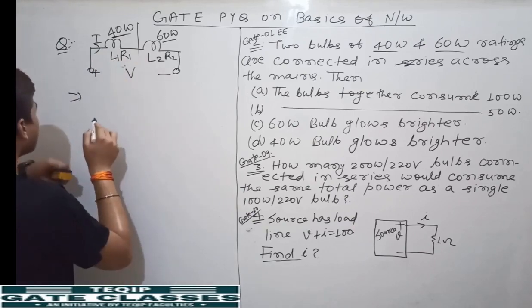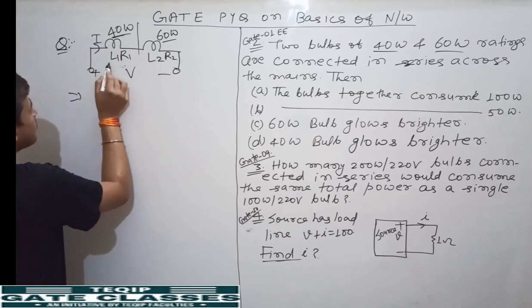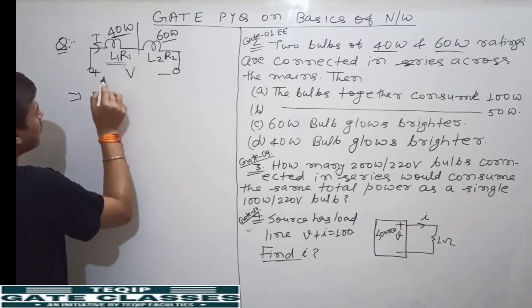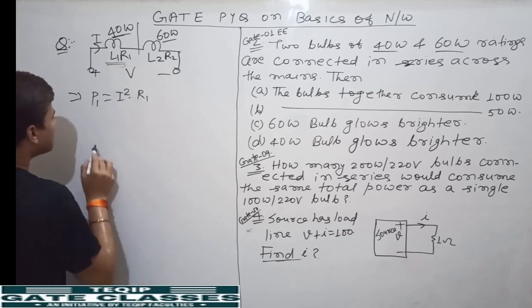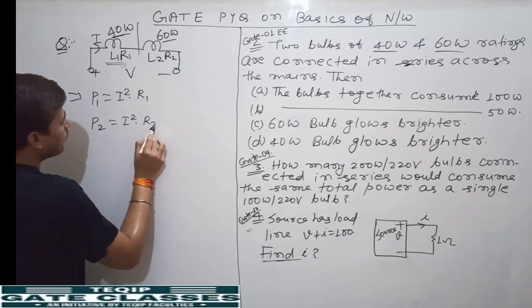So when current I is flowing through these two bulbs, you can write power P1 equal to I square into R1. Similarly, power P2 will be I square into R2.